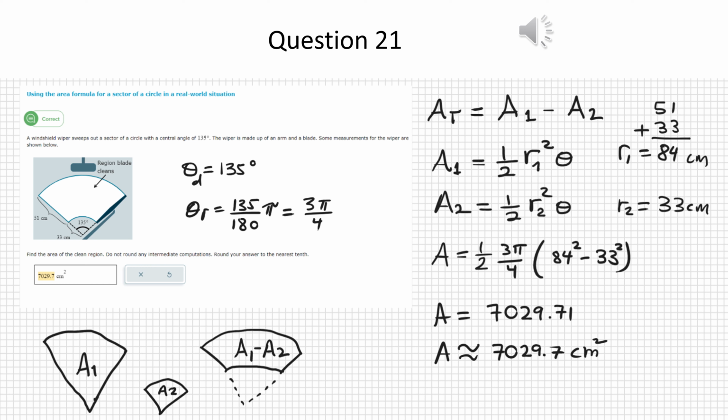Theta is common in both scenarios, which is 3 pi over 4, and you subtract the radii squared: 84 squared minus 33 squared. The rest is calculated. Put it in the calculator, of course you round to the nearest tenth, and that's it.